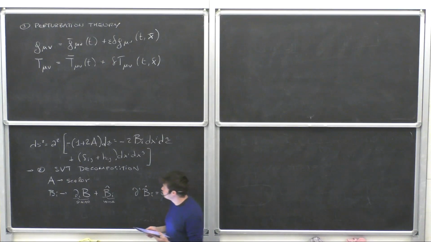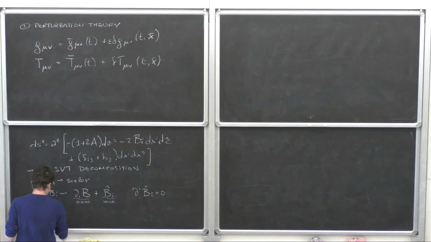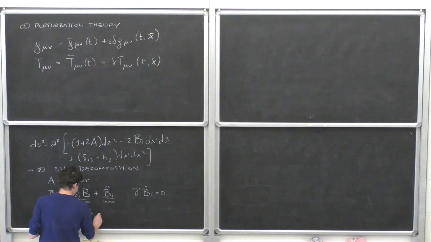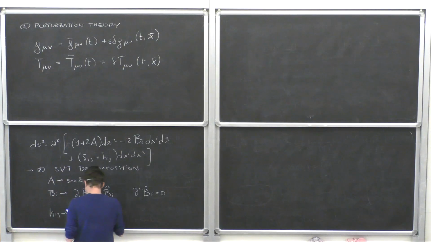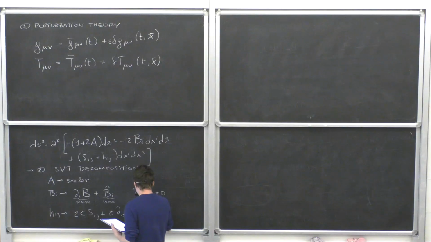And the same thing we can do with the perturbation to the spatial part of the metric, right? We can write it as 2C delta_ij plus 2 d_i d_j E, and this is the scalar part of the metric.